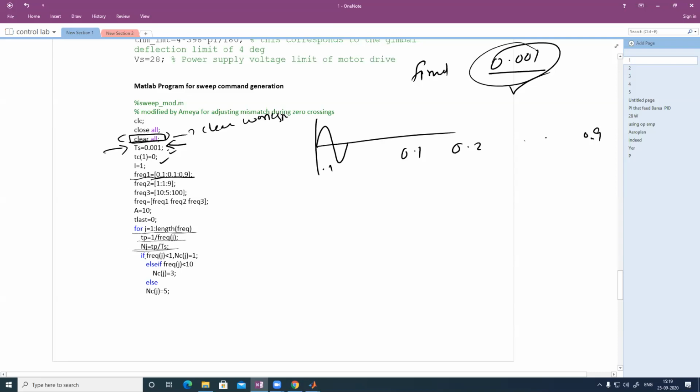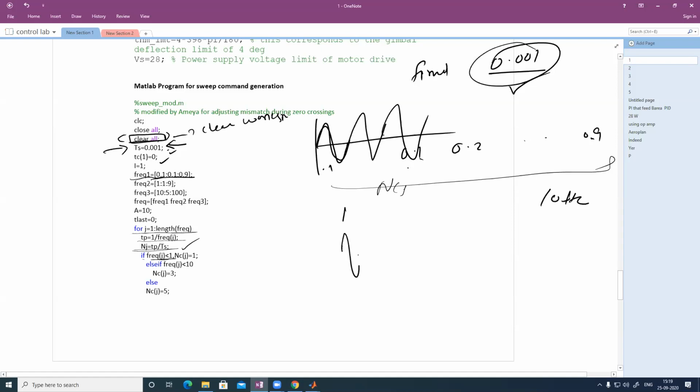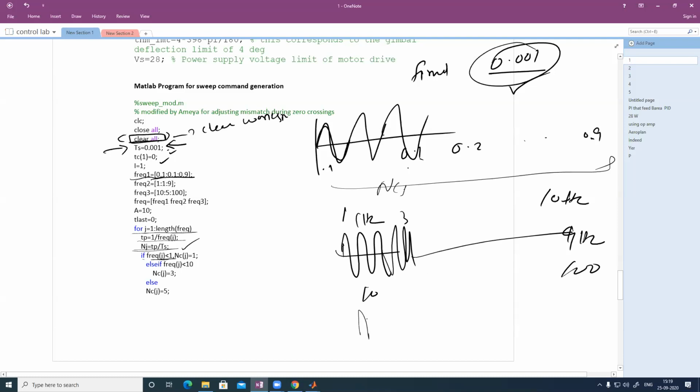If the frequency of J is less than 1, meaning 0.1 to 0.9, you take NC of J equal to 1, only one sine wave each. If the frequency is 1 to 10 Hz, you choose 3 cycles for each, up to 9 Hz. From 10 to 100 you choose 5 cycles.